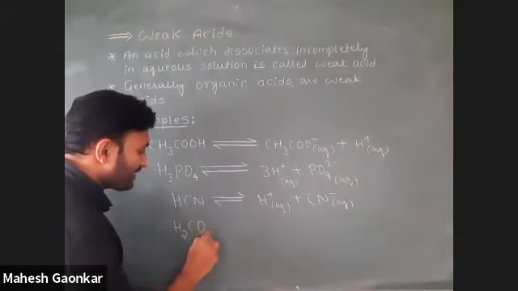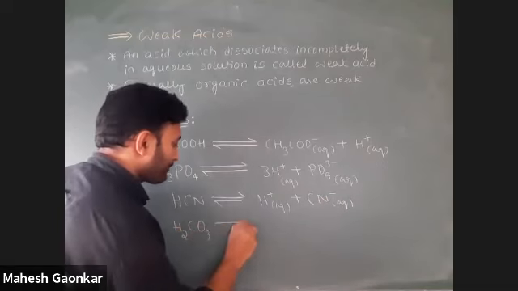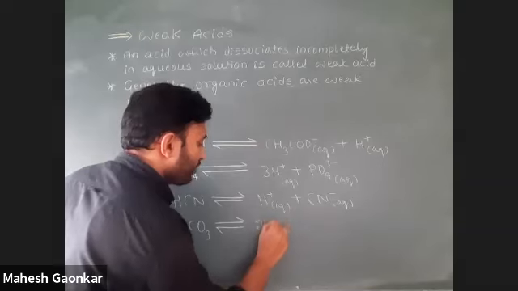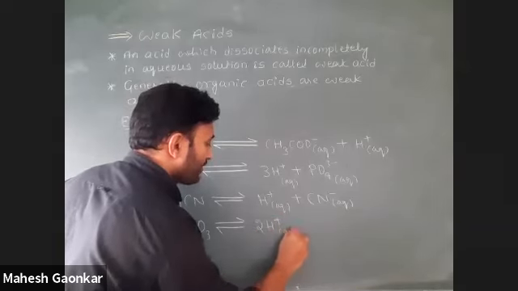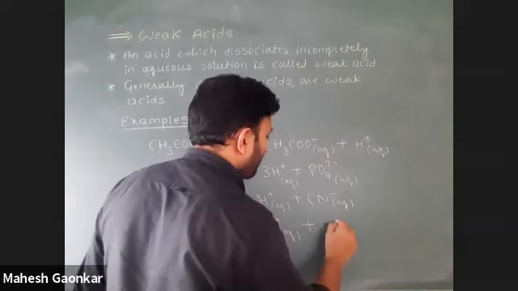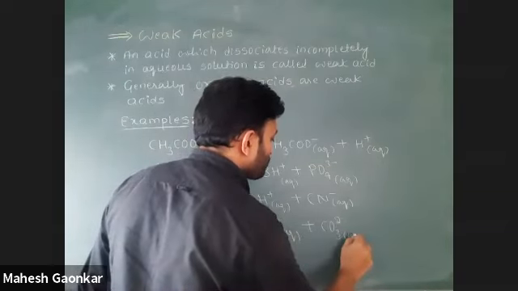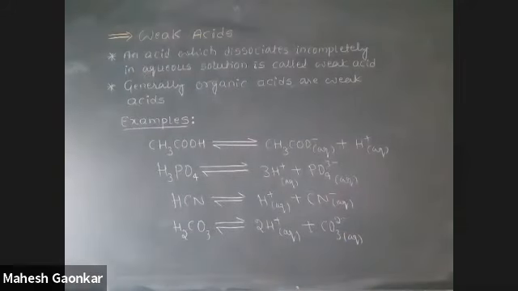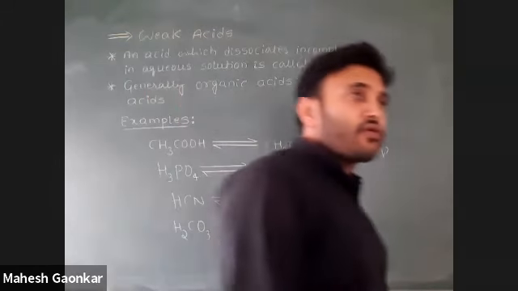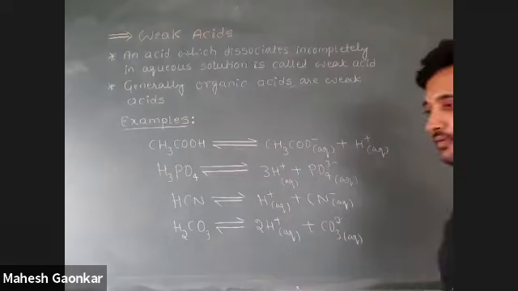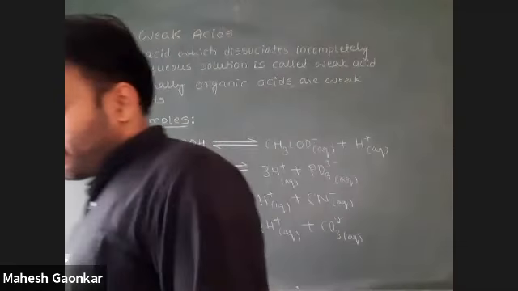Or carbonic acid, H2CO3, also ionizes partially, or dissociates incompletely, into H plus and CO3 2 minus. All these are examples of weak acids. Hope that's clear.